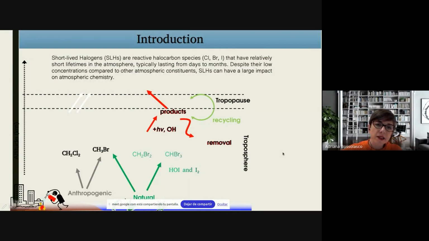To start, short-lived halogens are reactive halocarbon species that have a relatively short lifetime in the atmosphere, typically from days to months. Therefore, they participate in different reactions in the atmosphere, affecting the abundance of different oxidants and the chemical composition.